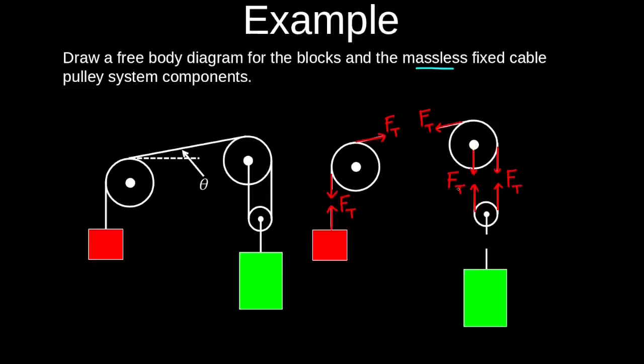And by applying Newton's second law to this pulley, well, the mass of the cable and pulley is 0. So therefore the tensile force in this cable must be equal to the tensile force in the upper cables. And therefore this force on the block is also 2Ft.